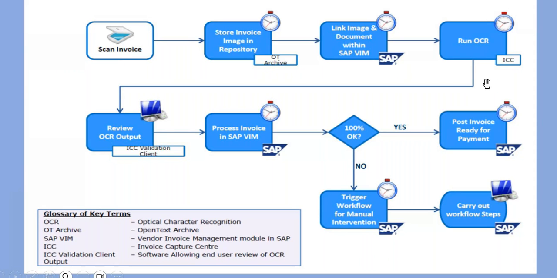Yeah, we will start here with how the invoice processing happens in Vim. The first step for invoice processing starts with scanning. An invoice that has come as a hard copy needs to be converted into a soft copy.